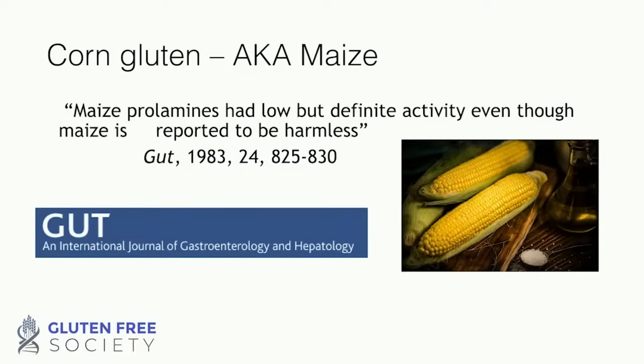Well, that activity that they're referring to in this study was inflammation. In essence, that corn gluten created inflammation in these patients. This study, look at the date, 1983. It was published decades ago, and this information is still not common knowledge. This is not new information.